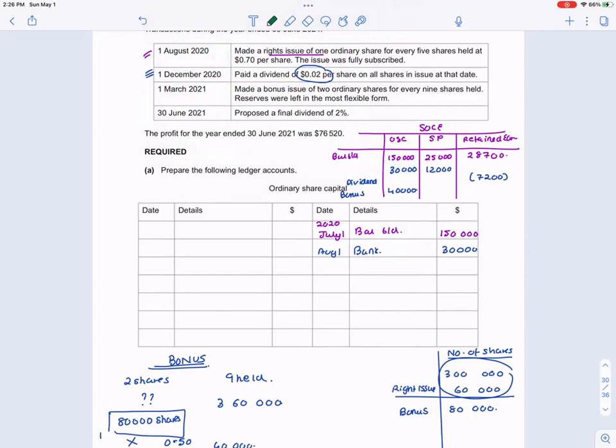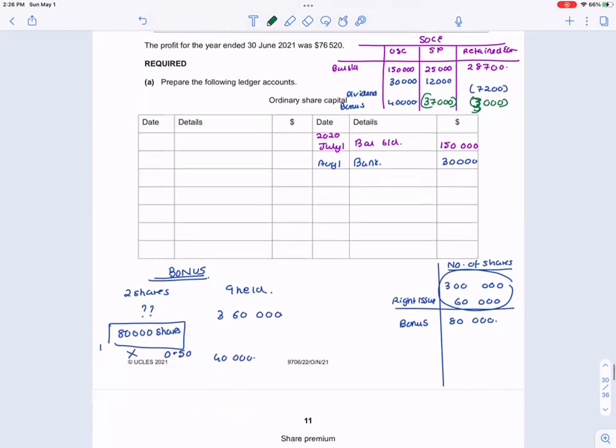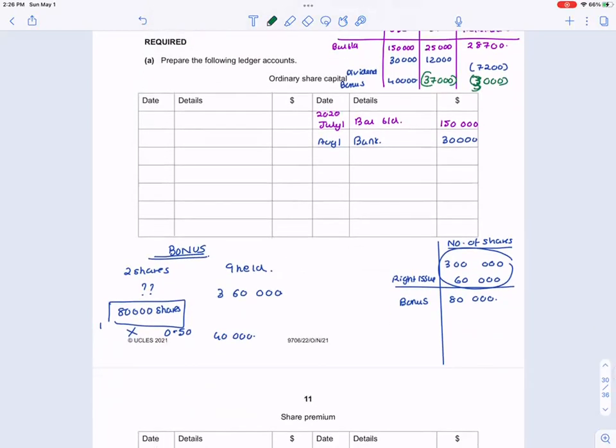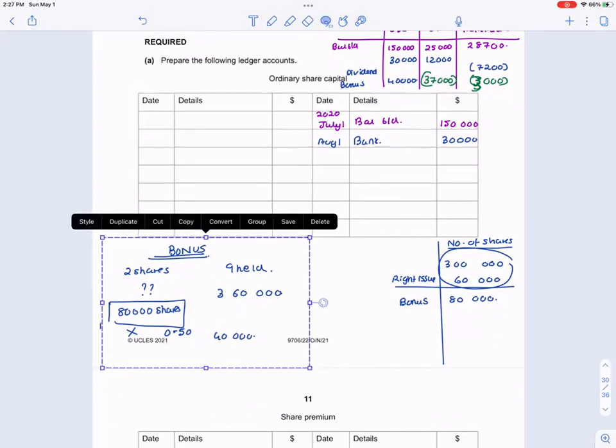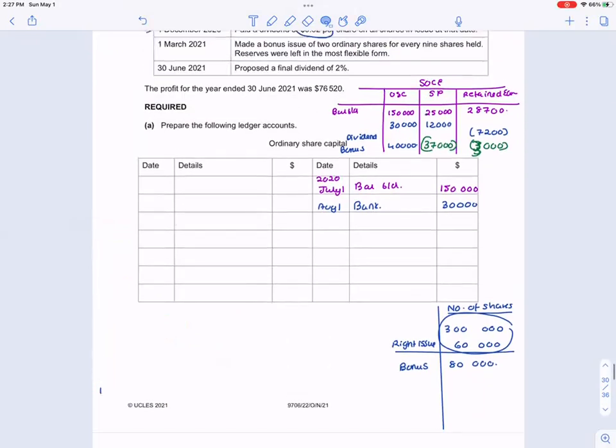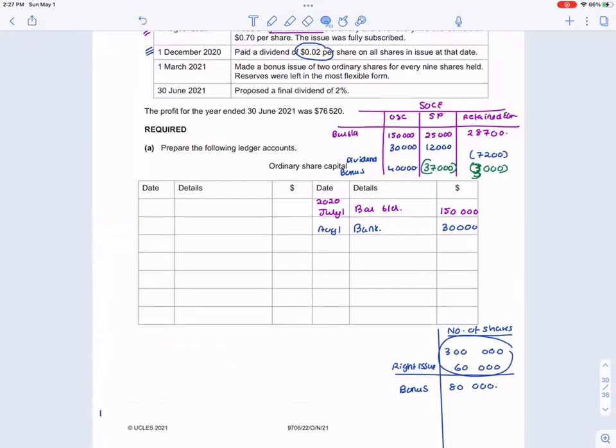What is the total of this? 37,000. So I will first use the 37,000 and then I will use 3,000 to give bonus. Any doubt in this? If there were other capital reserves, would we also use those with retained earnings? Yes.